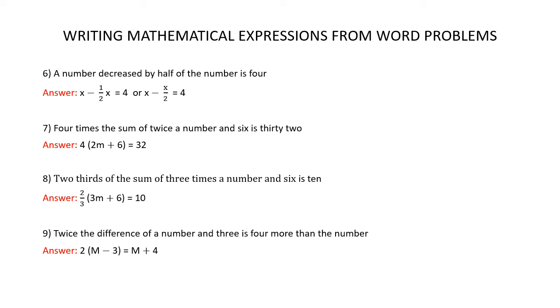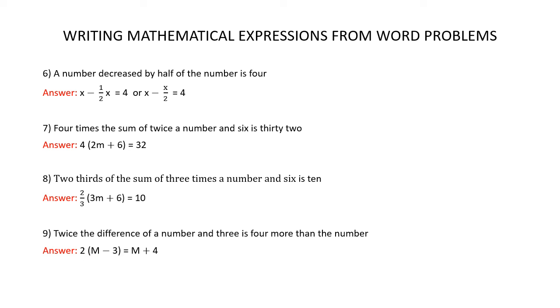Next, twice the difference of a number and 3 is 4 more than a number. Now let the number be m. So the difference between m and 3 is written as m minus 3, because difference means minus. Twice the difference means you have to multiply this difference with 2. So twice the difference of a number and 3 is written as 2 multiplied by (m minus 3).